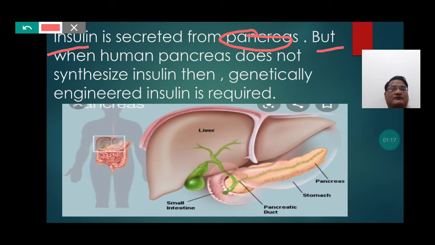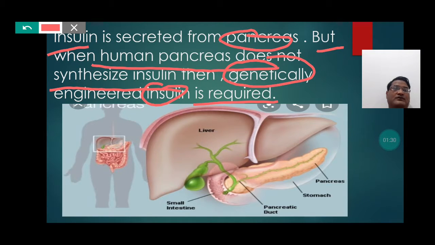But when the human pancreas does not synthesize insulin, then genetically engineered insulin is required. So students, when the human pancreas becomes non-functional, then artificially synthesized insulin is required.